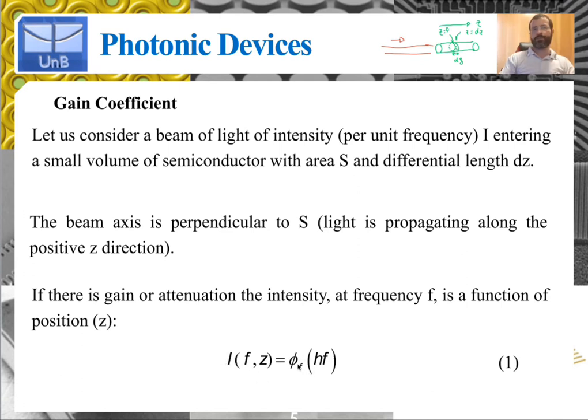So if we multiply it by the energy of a photon, it makes sense that this is the expression for the intensity, because this will turn out to be the power per unit area. So this is a way to write intensity, just the product of the photon flux density multiplied by the energy of a photon hf.